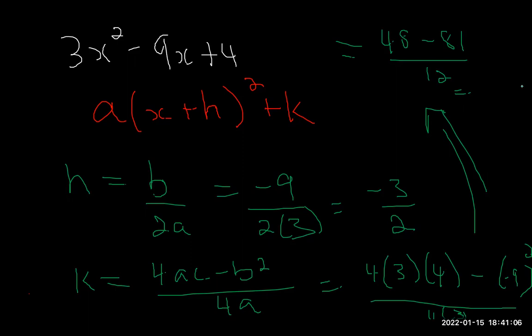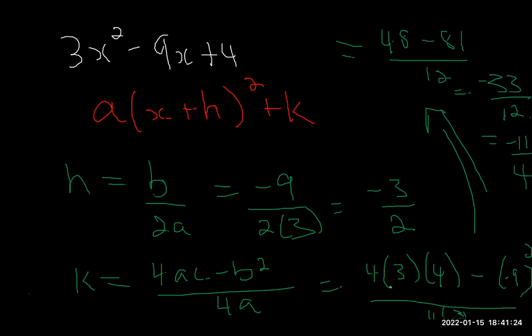Wait, 48 minus 81, that's minus 33. Minus 33 on 12. It's going to give me minus 11 over 4.